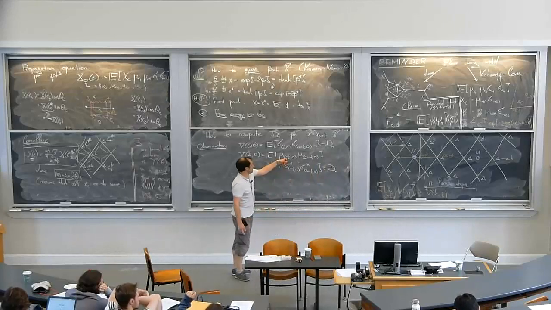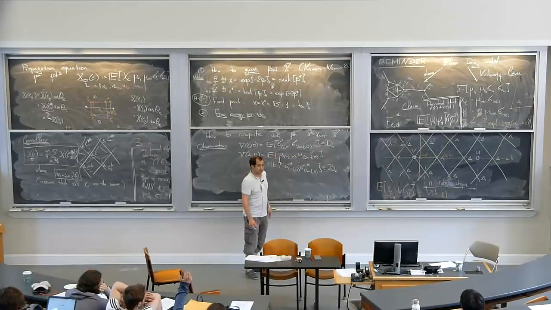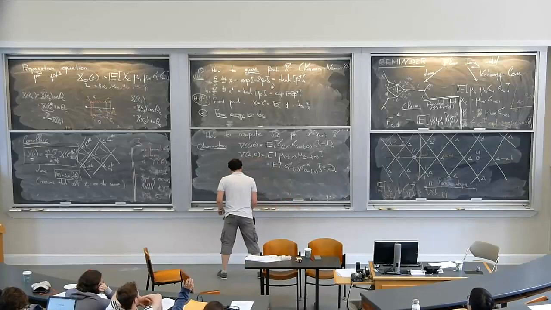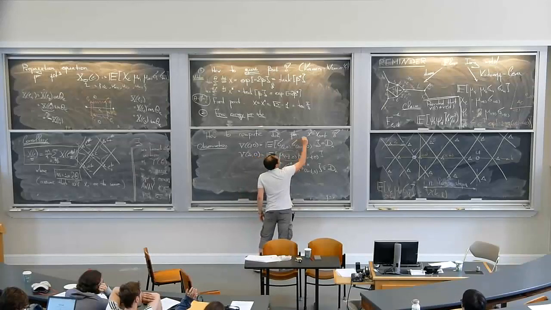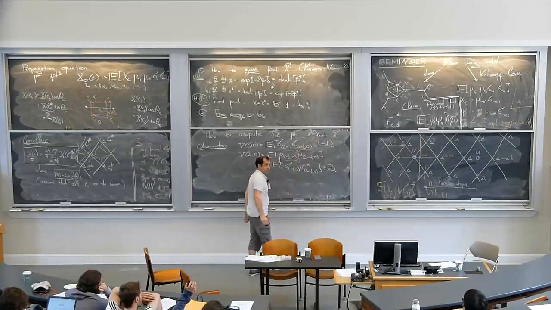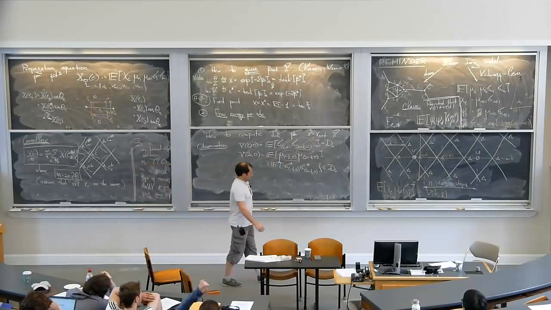So this is V, and this is U. Okay, this is mu_V, and this is sigma.